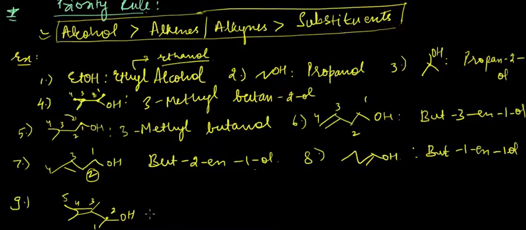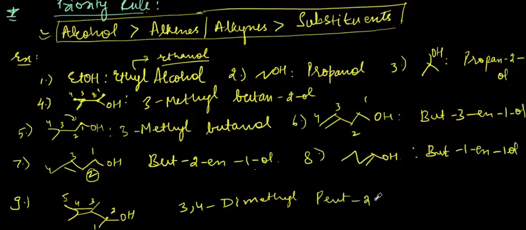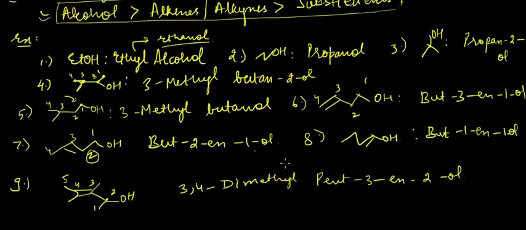So we have 3,4-dimethyl, and then pentene 2-ol. Oh sorry, I missed the ene part. So pent-3-en-2-ol. So this would be the IUPAC name.